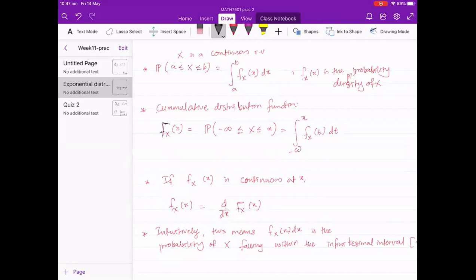Continuous means it can take any value between a and b.